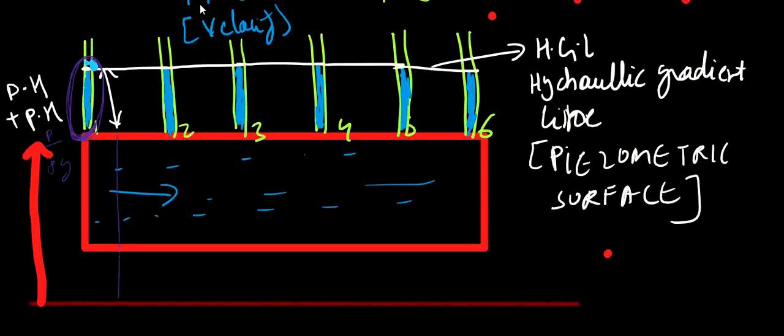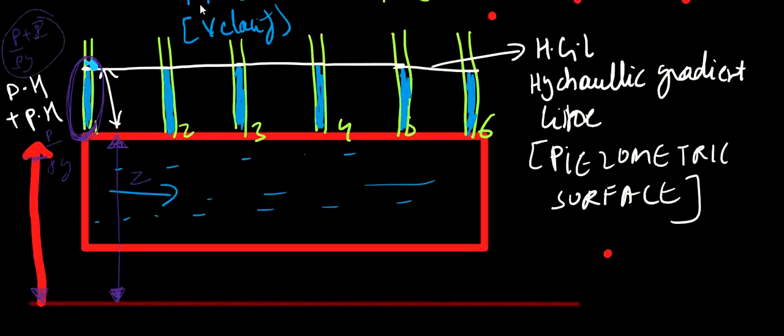This elevation is our datum head, for example, Z. So our piezometric head will become P by rho g plus Z.